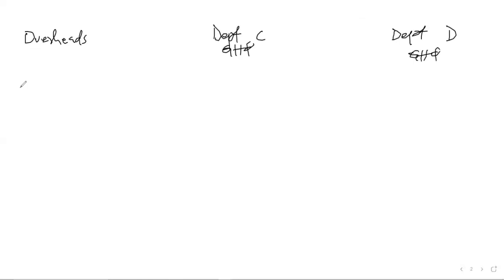So here I write indirect wages. And here for C, we have 3,000. And D, we have 2,000.